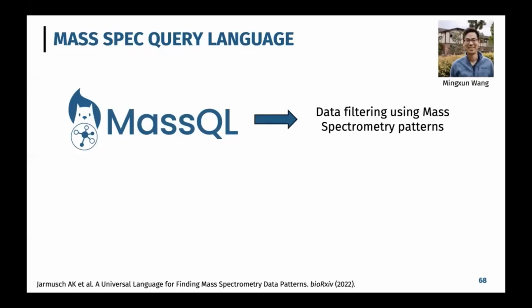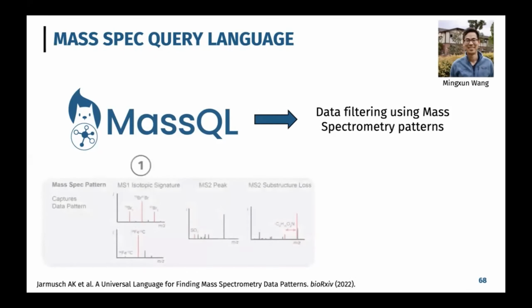So we should be able to come up with a language to filter this information. The language itself starts with precursor ions, the MS1, so the intact molecules and their isotopes. If you fragment the molecules, you get fragment ions that you can look for, or the delta masses.